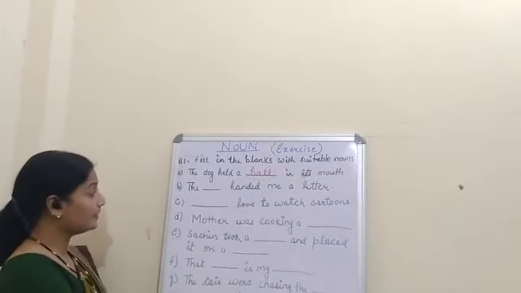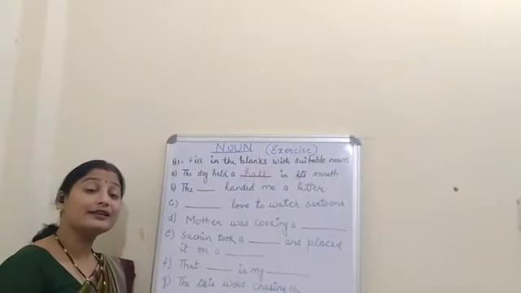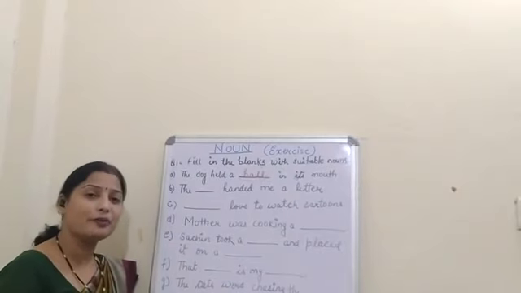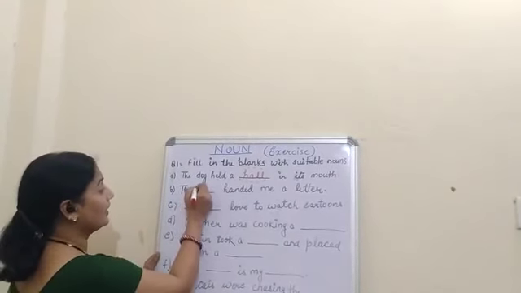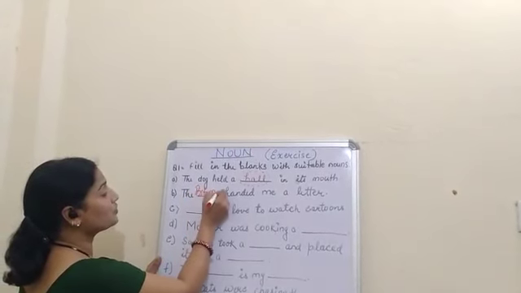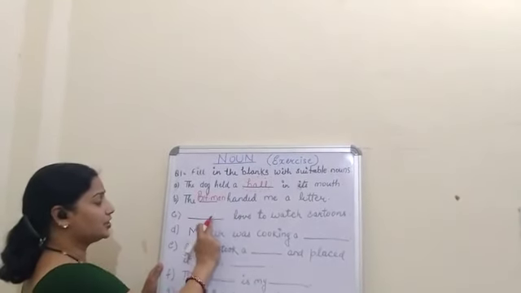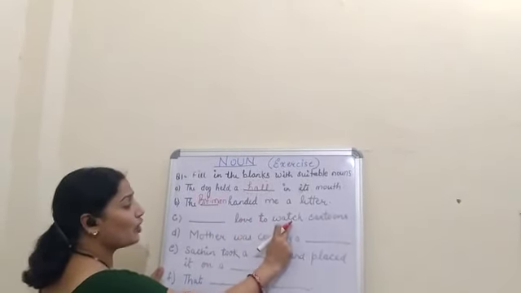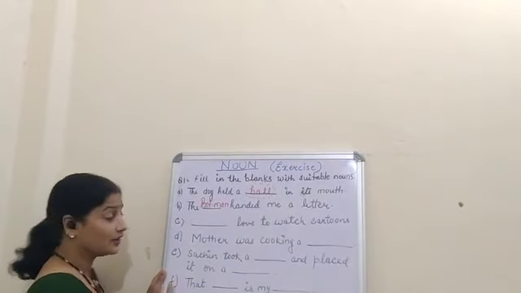Now come to the second. The dash handed me a letter. A letter is handed over by some person, and that person is the postman. So the answer will be postman. Clear? Next, dash love to watch cartoons. Who loves to watch cartoons?